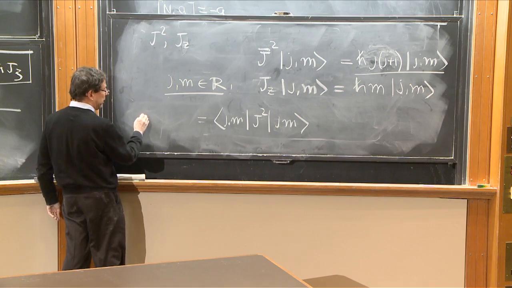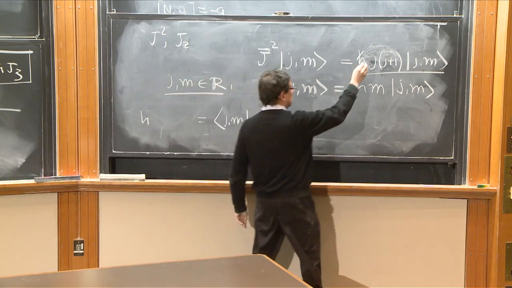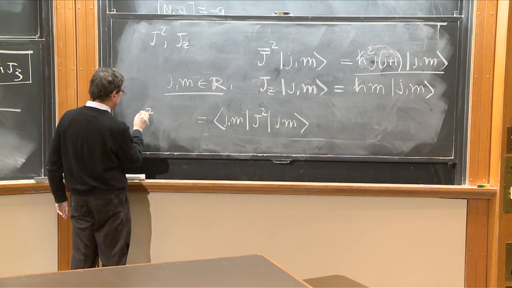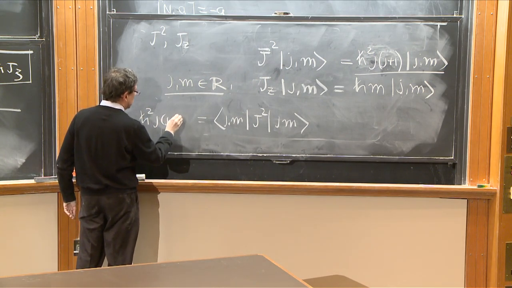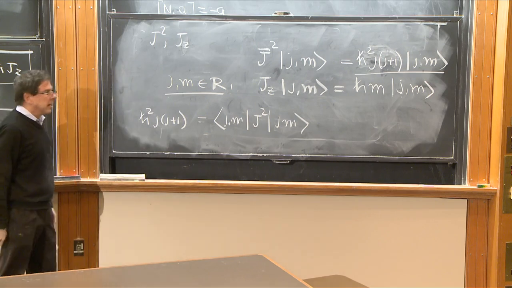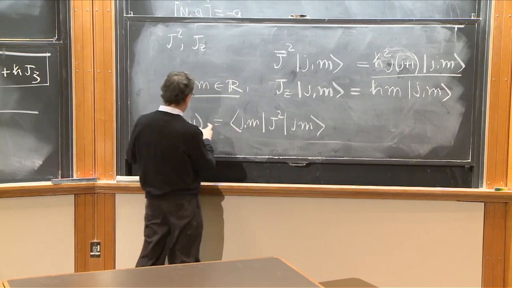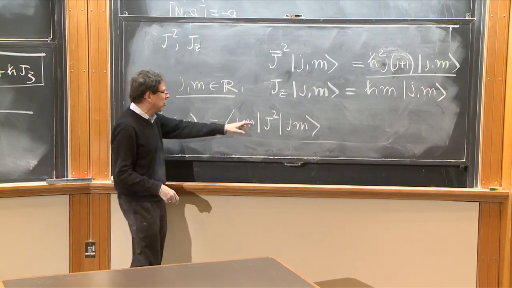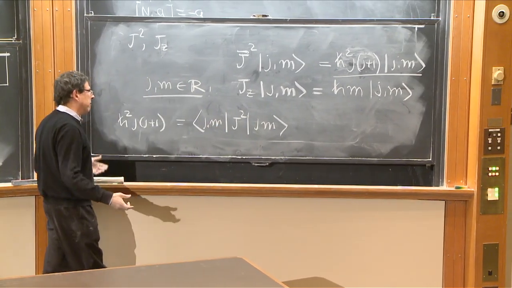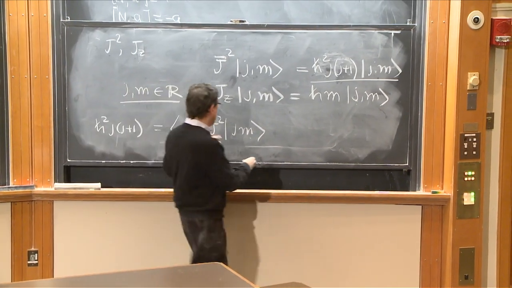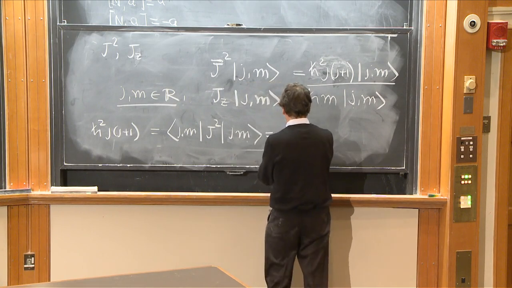And therefore, I'll put here there should be an h bar squared, since J has units of angular momentum: h bar squared J times J plus 1. And I'm assuming that this will be discretized, so I don't have to put a delta function normalization. At any rate, this thing is equal to this, and moreover, it's equal to the following.